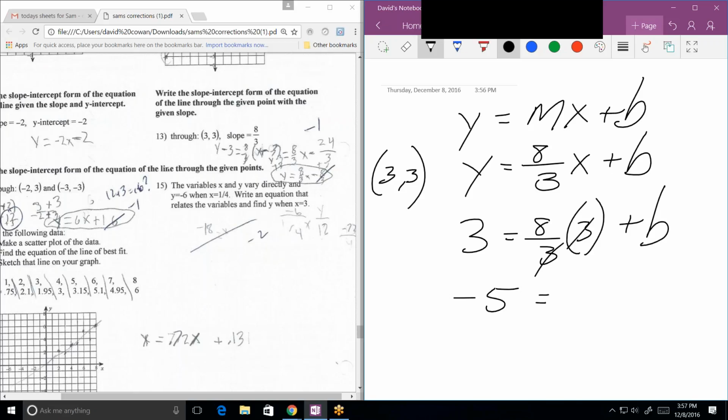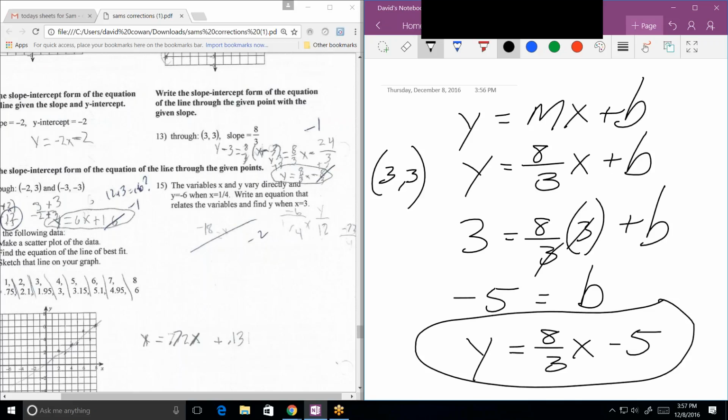I get b equals minus 5. Now I've got my full equation: y = 8/3 x minus 5. So your answer is always going to have a y and an x in it, but it's never going to have an m or a b in it. You're going to substitute numbers for m and b.